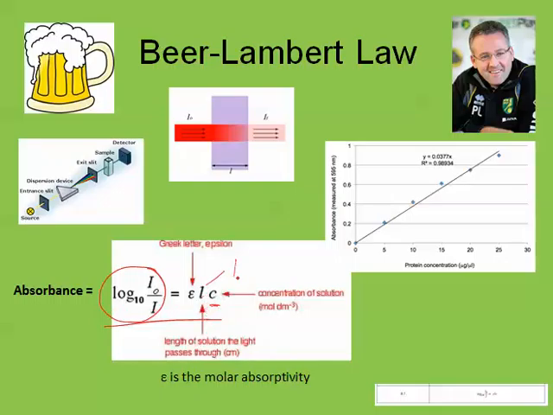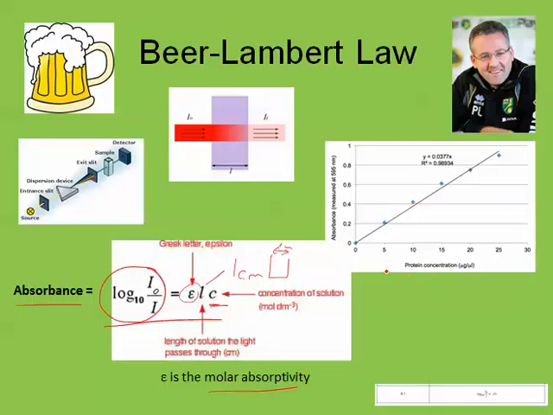Now this value here is typically 1 because it's the path length in your cuvette, so the light's moving through a sample that's usually 1 centimeter long, and this is the molar absorptivity that's specific to that substance at a particular wavelength.